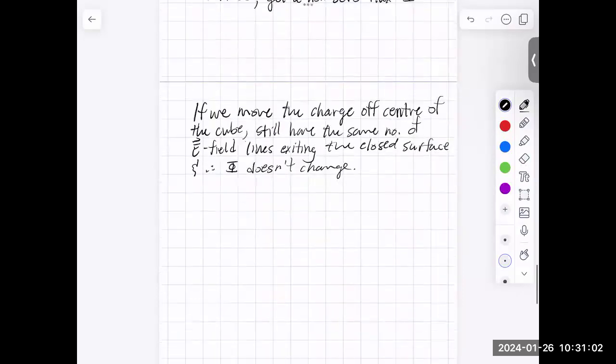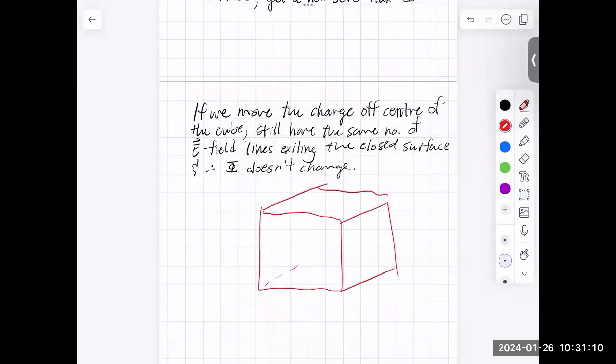Okay, and so I could try to draw that roughly. So here's our cube. And now we'll take our charge and place it over in this corner.